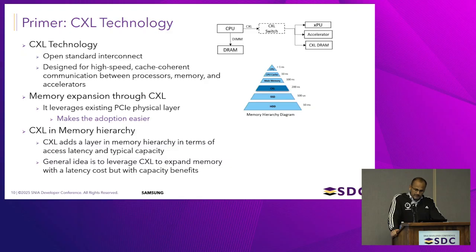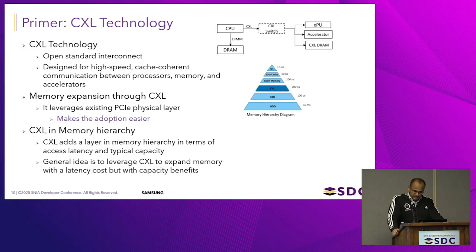More importantly, it's designed to reuse the existing PCI physical layer, which makes the adoption much easier. As the diagram shows, it could be either connected through a switch, in which it can share the CXL bus with other memories, accelerators, and so on, or it could be directly connected through an expander.